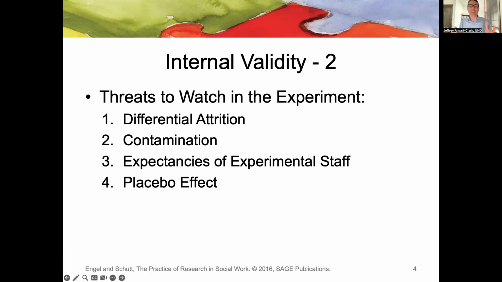This is kind of like the placebo effect, where the participants do receive the treatment, and if they know that they're getting the treatment, they believe that it's going to benefit them. There's this psychological component that actually helps them get better. So that's the placebo effect. They improve because of the expectation, not because of the treatment itself.